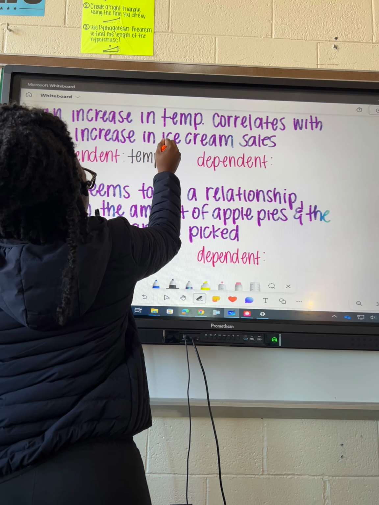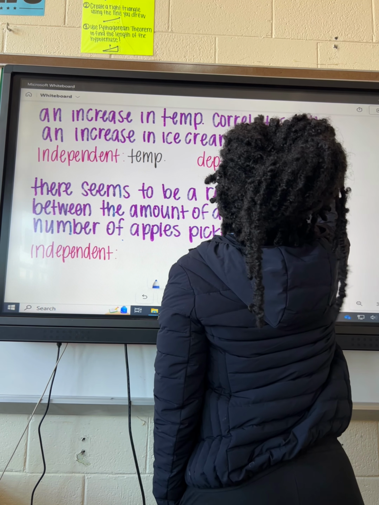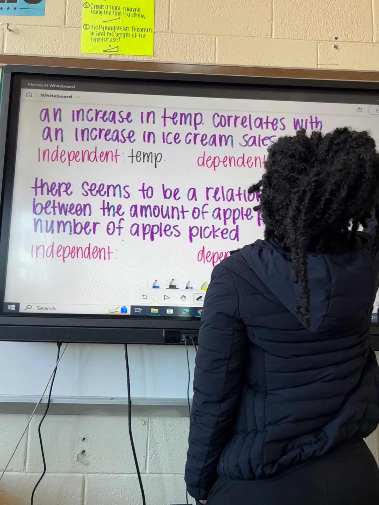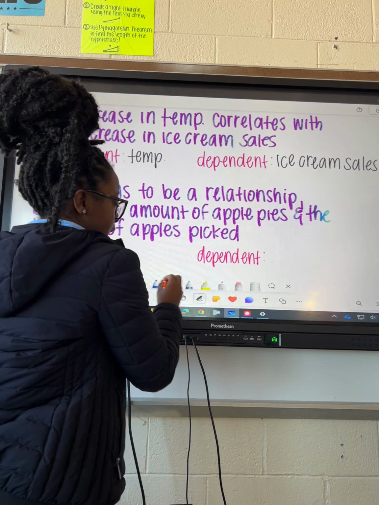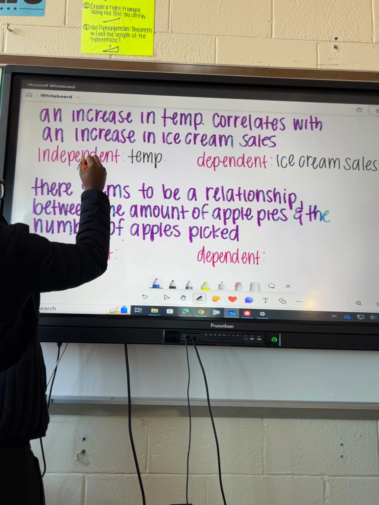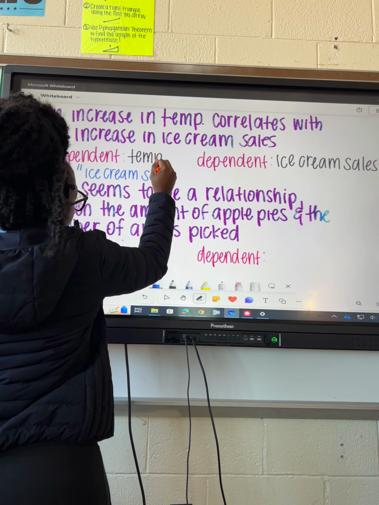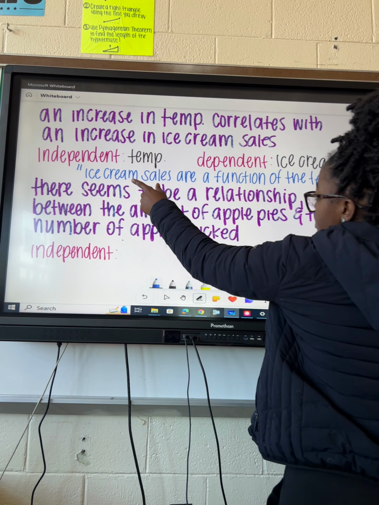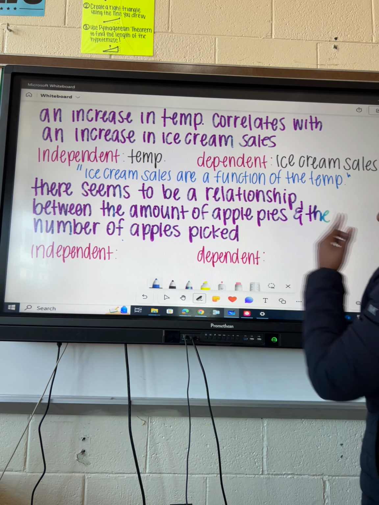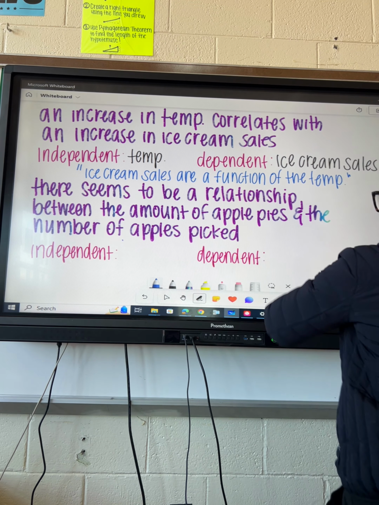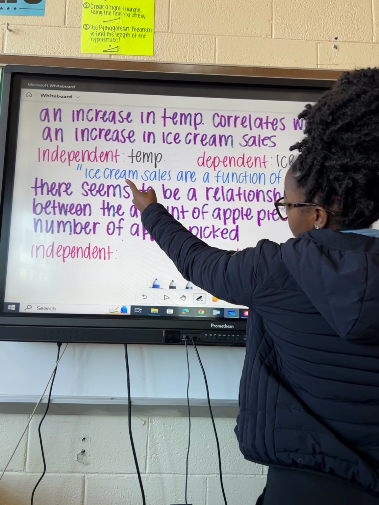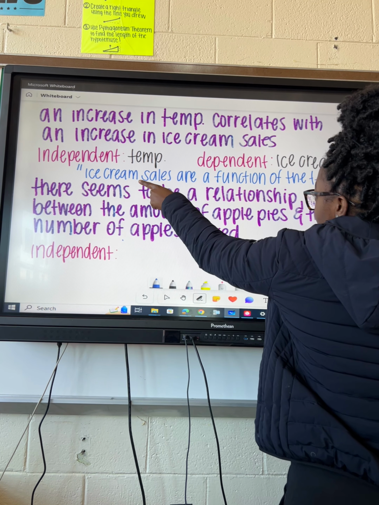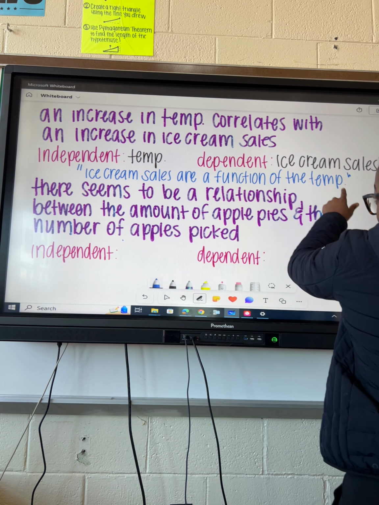So temperature is my independent and ice cream sales is the dependent. When we're talking about our function, we say ice cream sales are a function of the temperature. Ice cream sales depends on the temperature. Dependent variable is a function of independent variable.